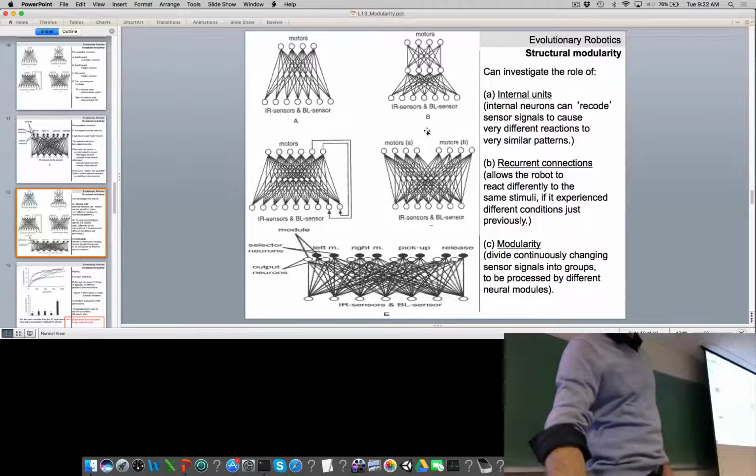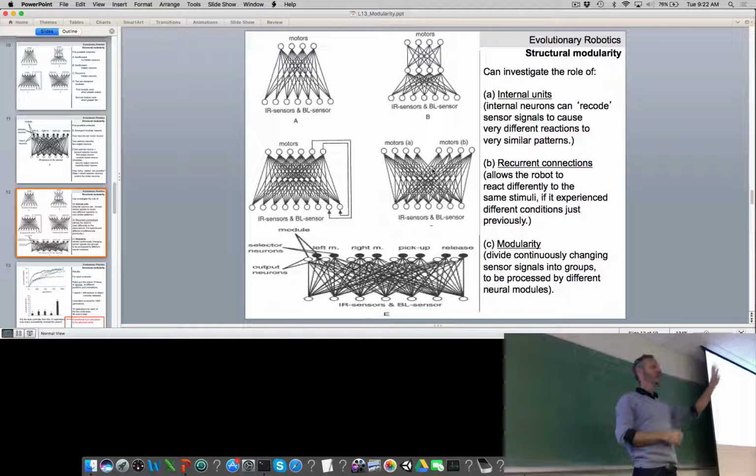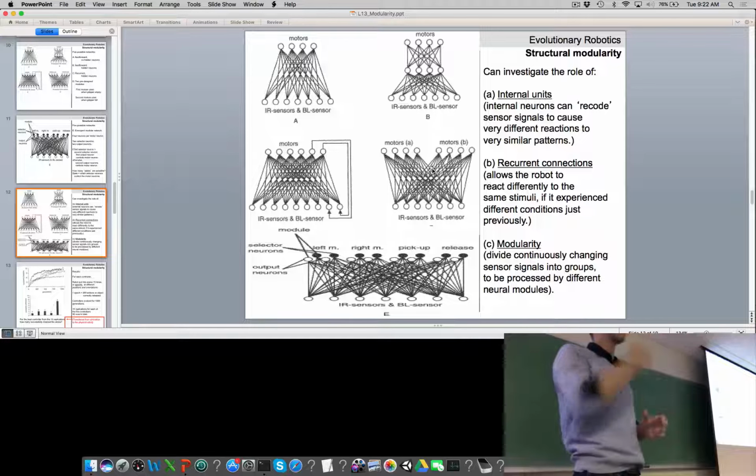Is nonlinear transformation from sensors to motors useful? Is memory useful? If D produces better behavior than C or B or A, then that means we were right. It makes sense to break this task into two separate subtasks: do subtask A when you're holding the sugar cube, and do subtask B when you're not. Right? If D does not do better than C or B or A, that means we were wrong.